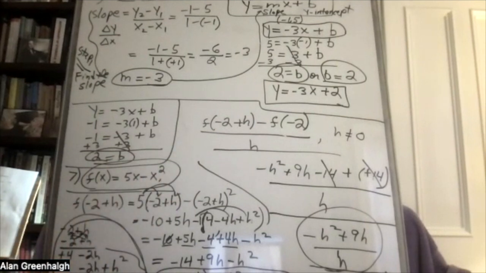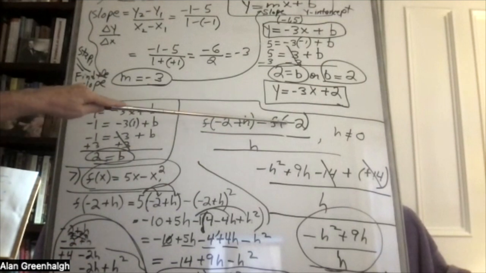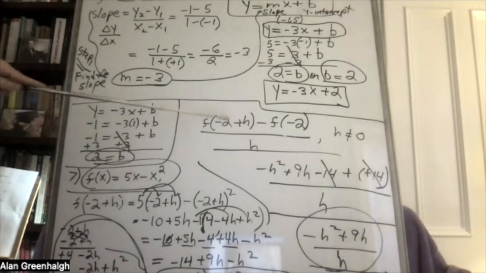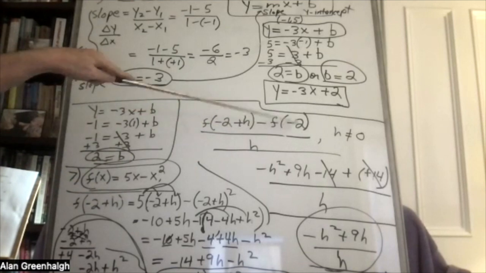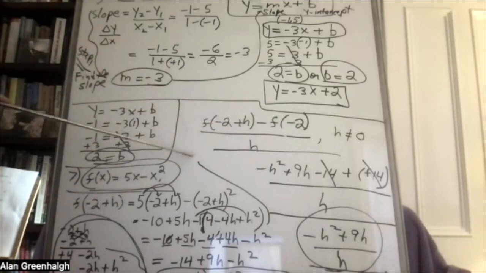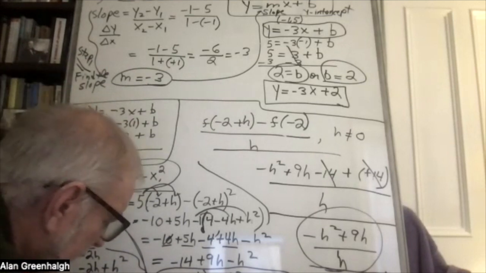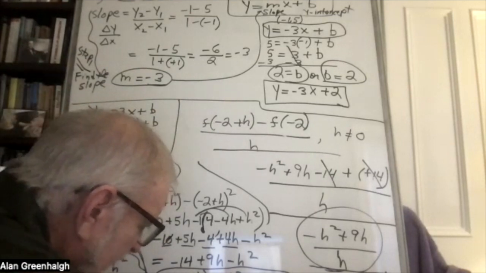But instead of x, I substituted -2. Actually, instead of the x, I substituted first -2 plus h. That was this part. So you do this part first, then you do f of -2, and that's what I did over here. Yeah, I understand it now. As soon as you showed me that, I instantly got it.